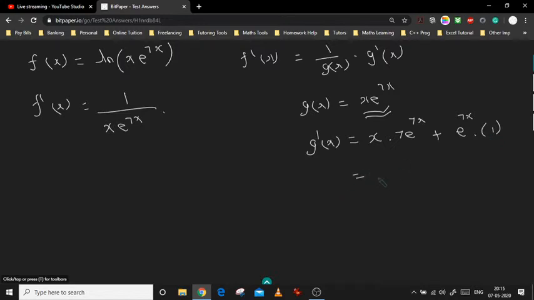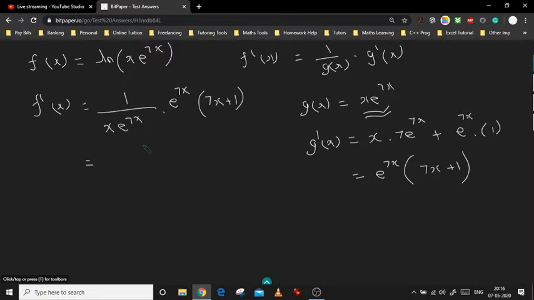If you simplify this, in fact I can take e power 7x common from these two terms, so therefore this is going to be e power 7x times (7x plus 1). So g dash of x is basically e power 7x into (7x plus 1).